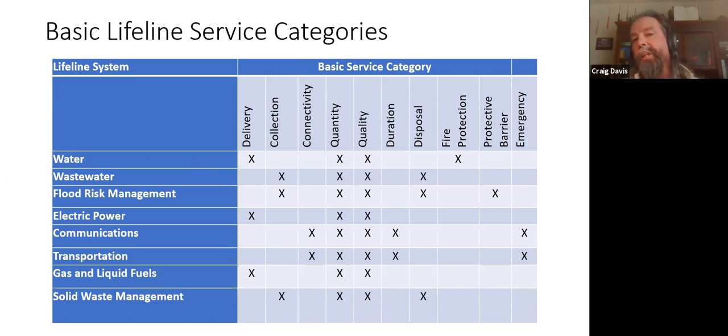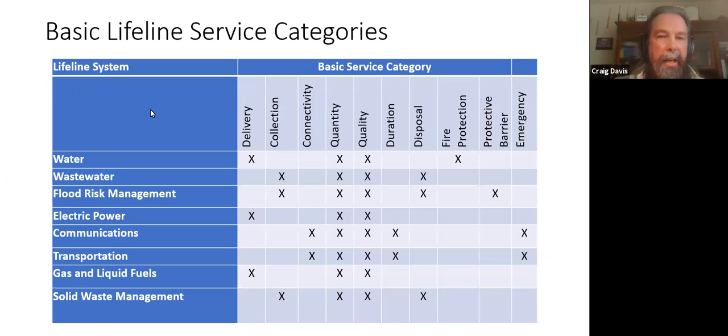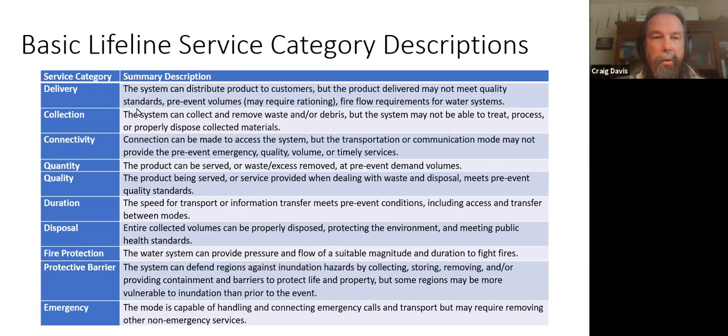There's a lot more to this that I don't have time to describe, but I want to present to you that these are there. Then we can define each of these, which I'm not going to go through each definition, but we can define each of these basic service categories. So the service categories that are on the top row are now in the left column with a summary description of each.